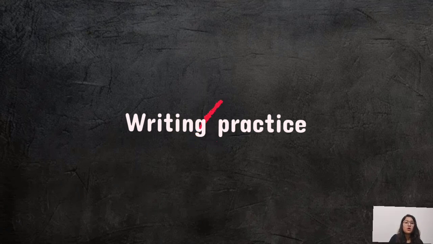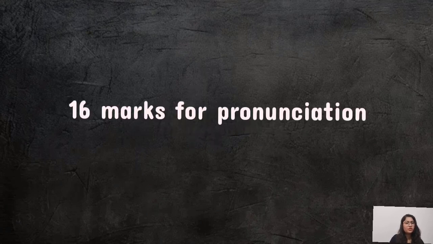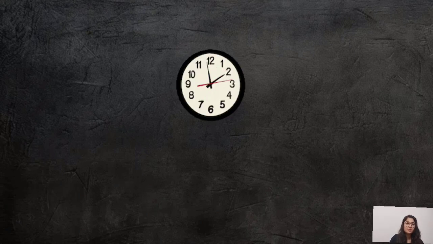Sprechen needs a lot of speaking practice. And also remember, there are 16 marks especially for the pronunciation of Sprechen tasks. Obviously, you cannot pronounce exactly like the native German speakers, but as long as you're pronouncing all the alphabets of each word correctly, you are good. Whenever you're practicing for your Sprechen tasks, always do it timed.